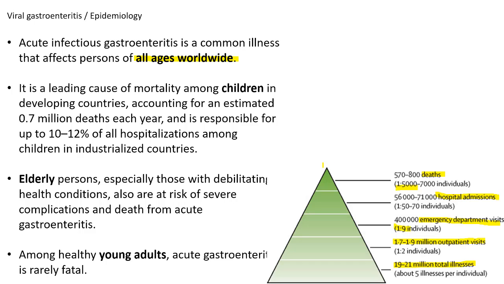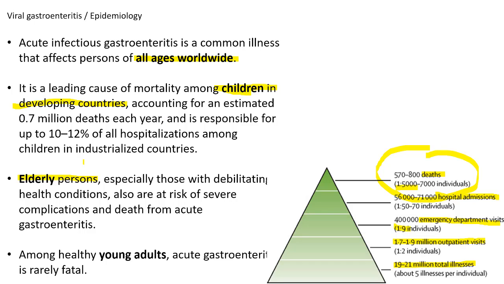And most of those cases that end up with death usually take place in the elderly people who already have some debilitating health conditions, and also among children, especially in developing countries where rehydration therapy is not accessible as it is in the developed world.